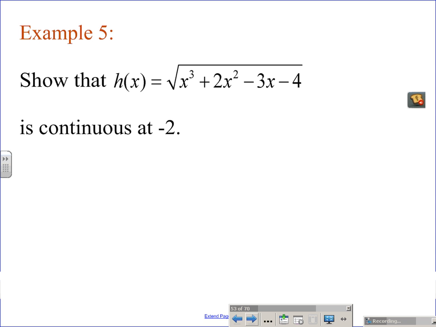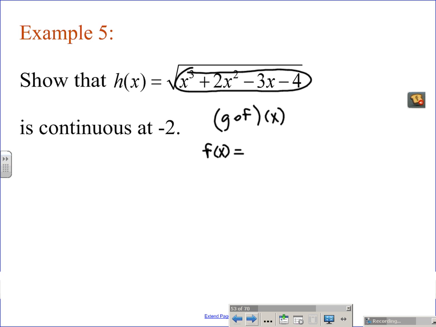So what I can do is rewrite this as g of f of x, where my f of x is just going to be what's inside here, and that is a polynomial function. And then my g of x is going to be that square root of some value.